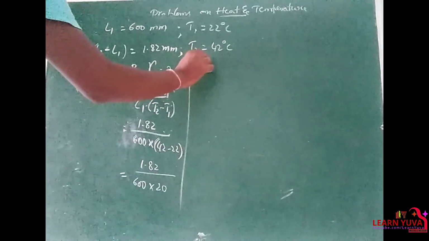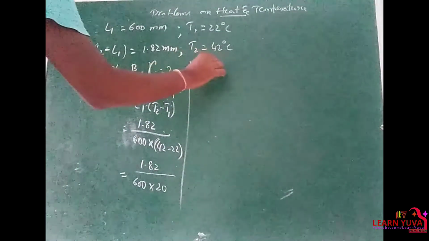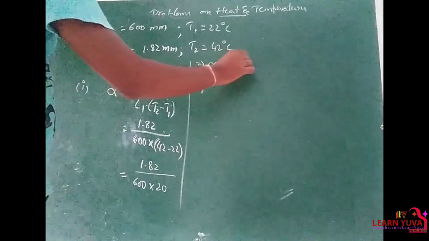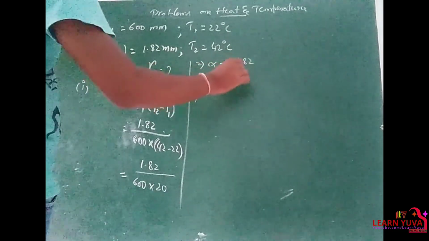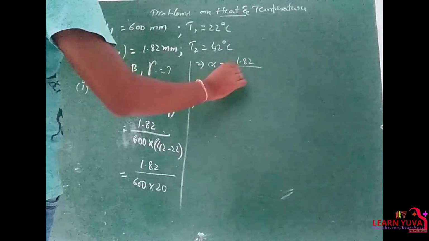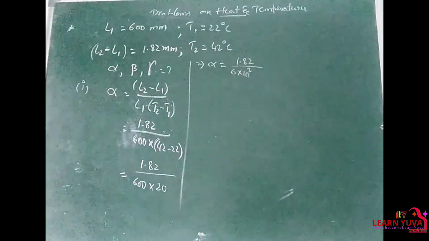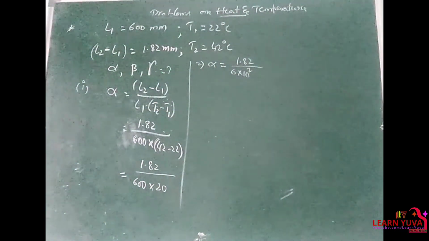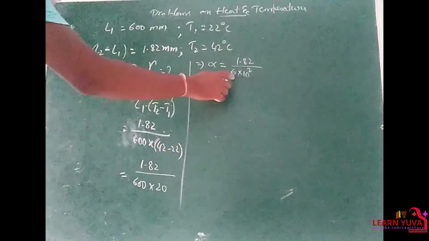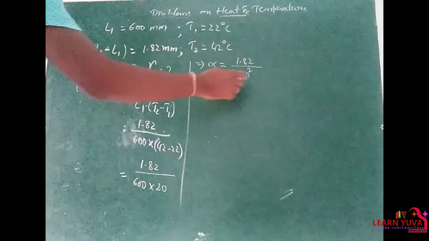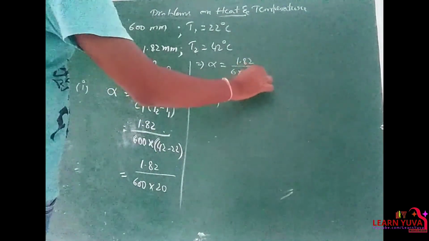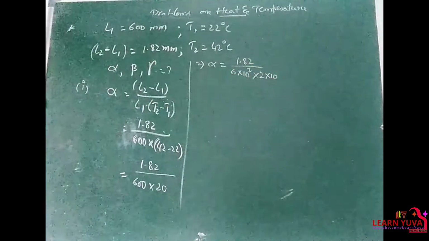That implies alpha is equal to 1.82 by 600. I am writing 600 as 6 into 10 power 2, and 20 as 2 into 10.